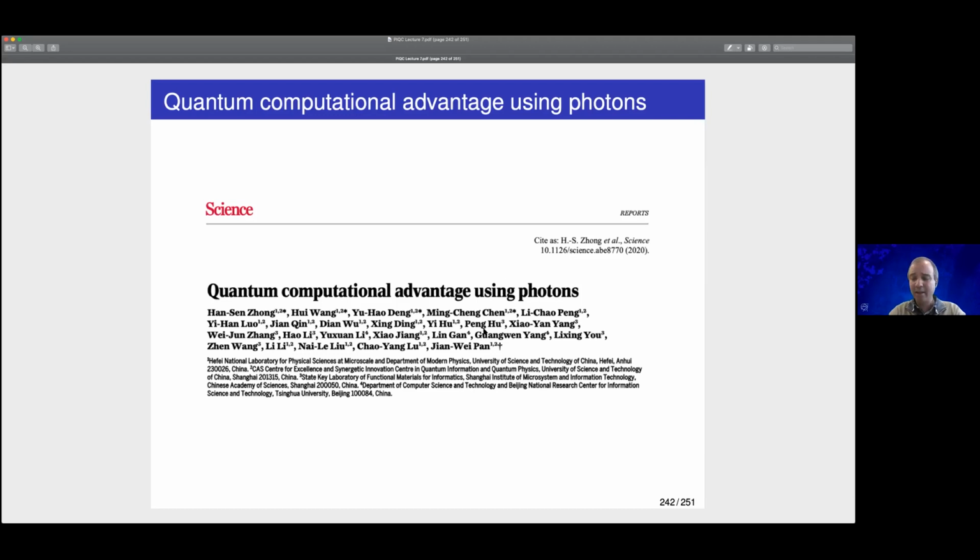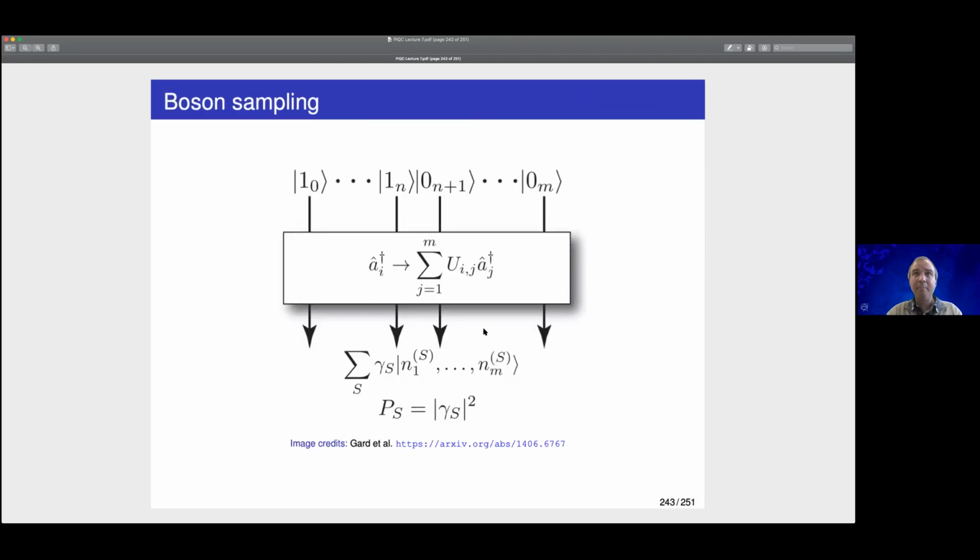And in this case, what they use is a different approach. They don't use a programmable, universal quantum computer, like in the case of Google, but they use what is called a photonic implementation of boson sampling. And what is this boson sampling?